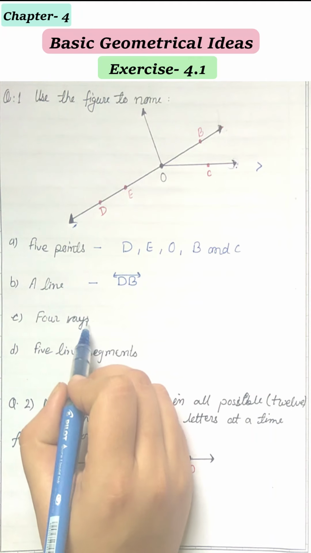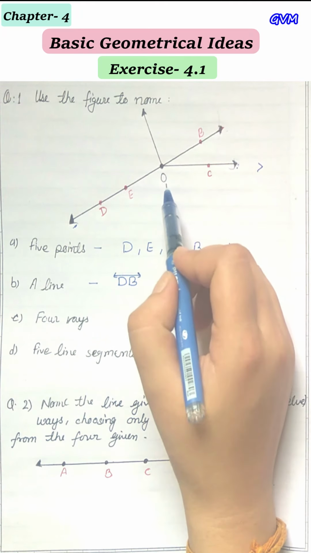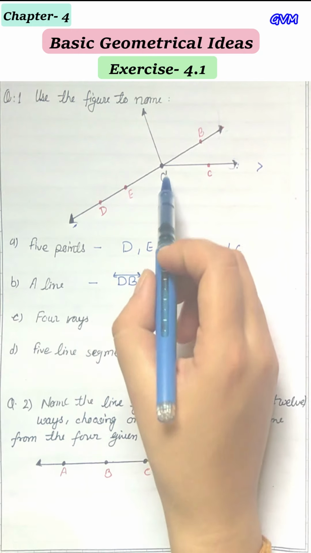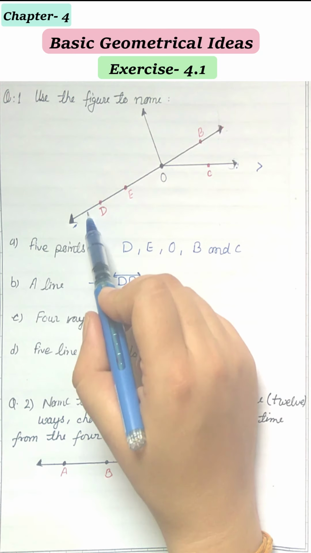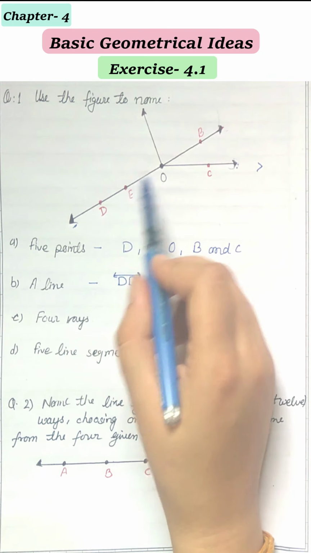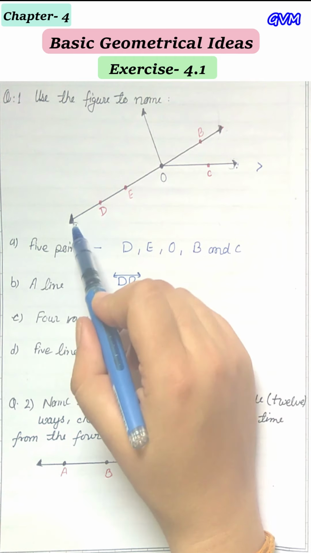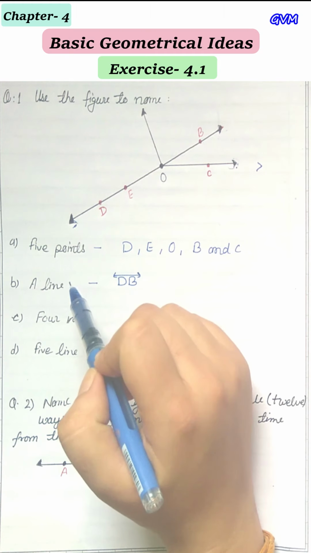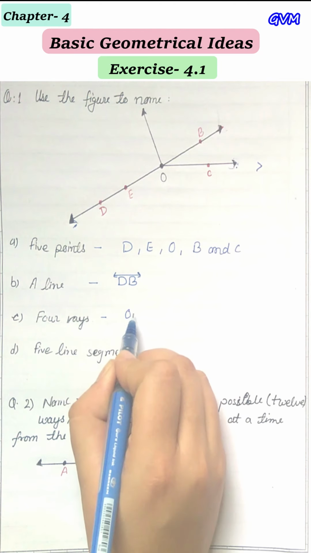So that is why the 4 rays we have are OB, because it is starting from here and it is endless from here. Now OC, OD and OE, because OE is also a ray. We can see here that if we do not consider this point D, it is continuing from here.